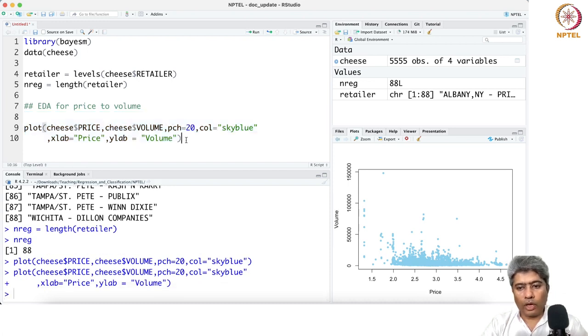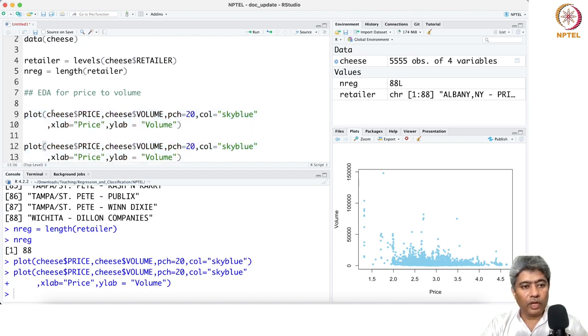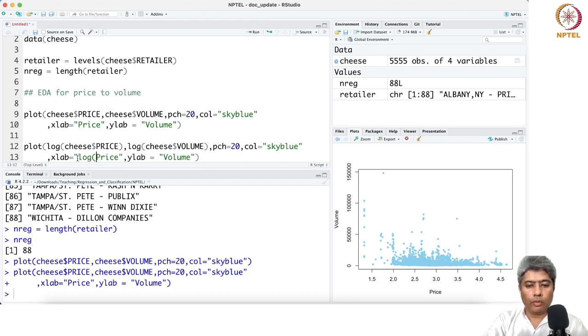Now, as I told you in a previous video, if it is any economic variable, one should use log transformation. So I'm going to use log transformation over price and volume. So it will be log price versus log volume.